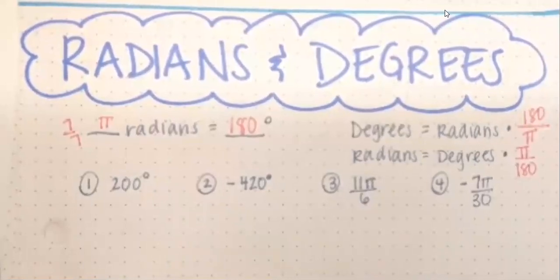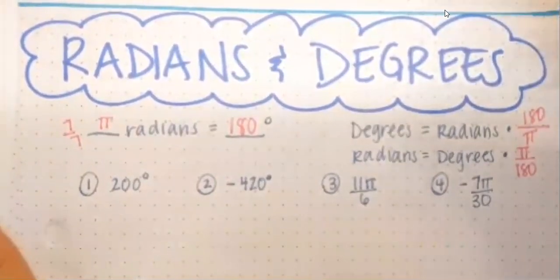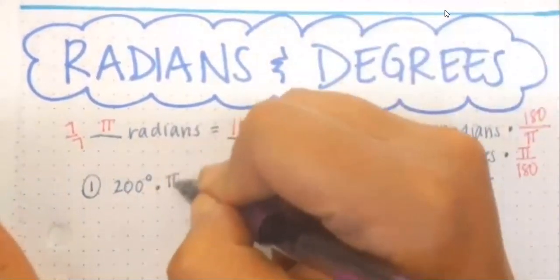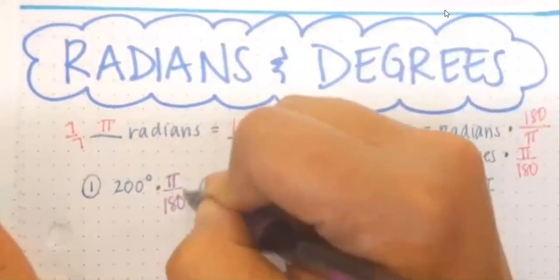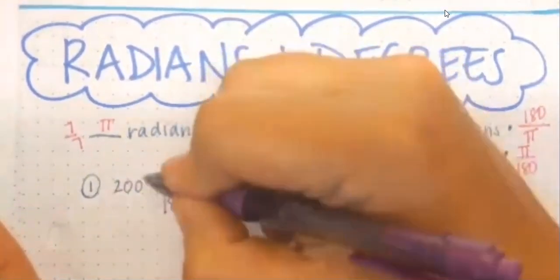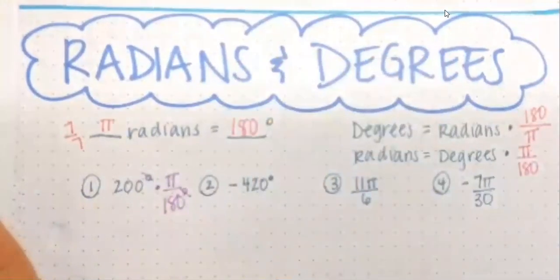For the first one, I have 200 degrees, and I want to know how many radians that is. I want to convert it. So I'm going to take 200 degrees times pi over 180. To help you remember, that's pi radians over 180 degrees. The reason I want 180 on the bottom is because I want my degrees to cancel. Whenever you want to get rid of degrees, you put the 180 on the bottom.